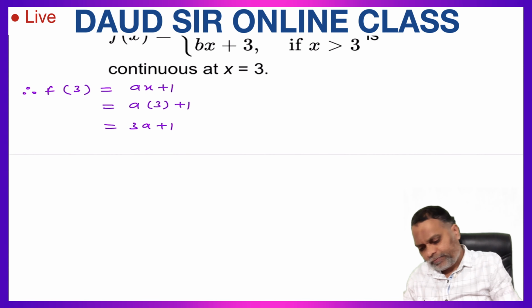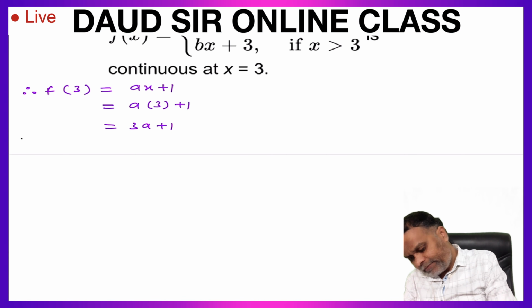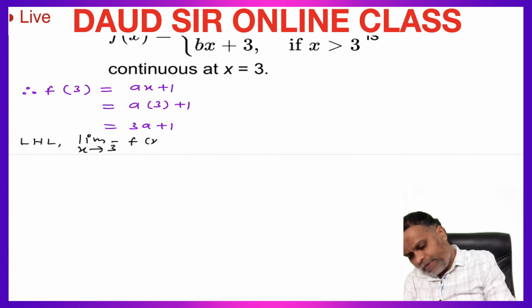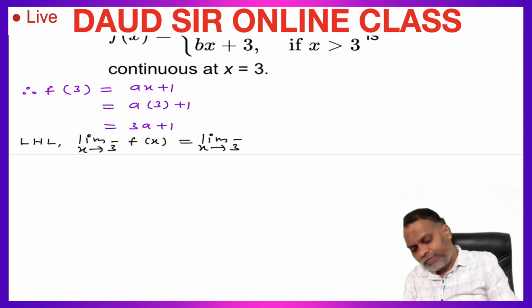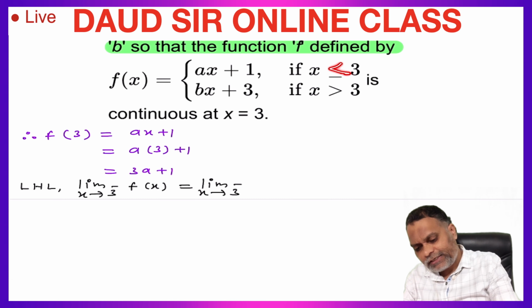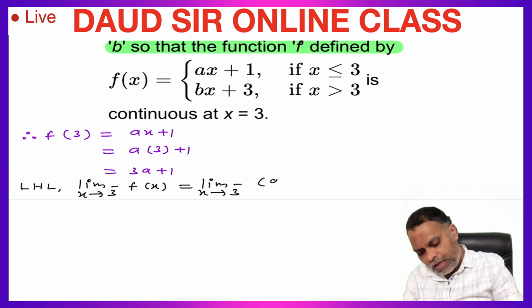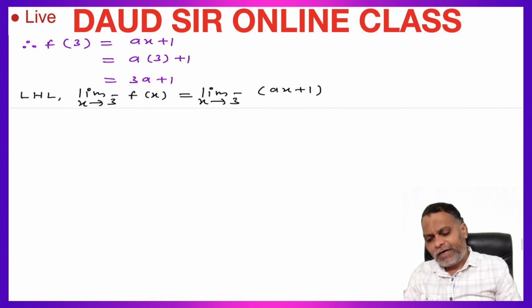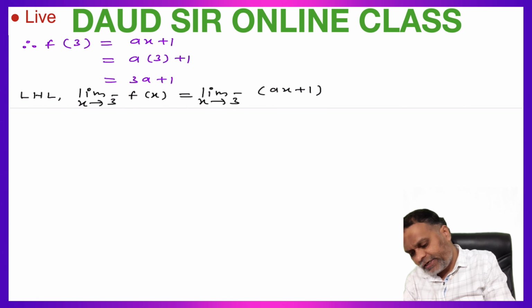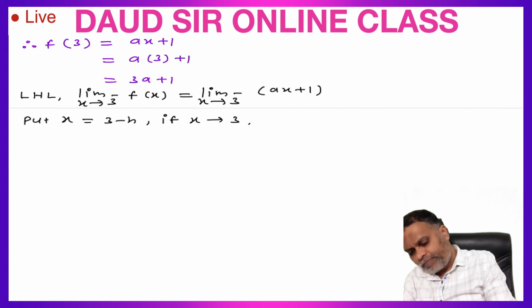Left hand limit: limit x tends to 3 minus f of x is equal to limit x tends to 3 minus, where x is less than 3, so take this ax plus 1. For left hand limit we have to put x is equal to a minus h, here a is equal to 3, so put x is equal to 3 minus h. If x tends to 3, then h tends to 0.